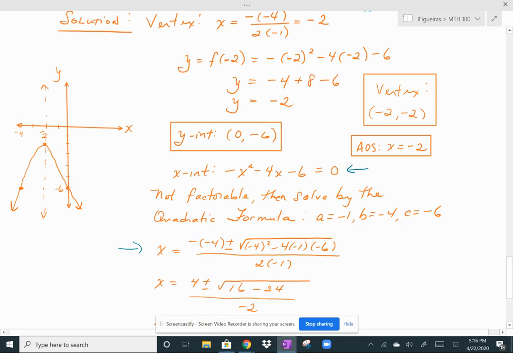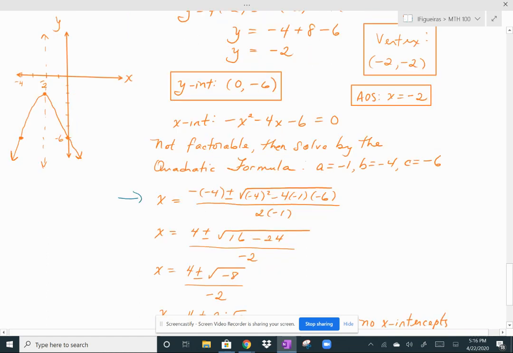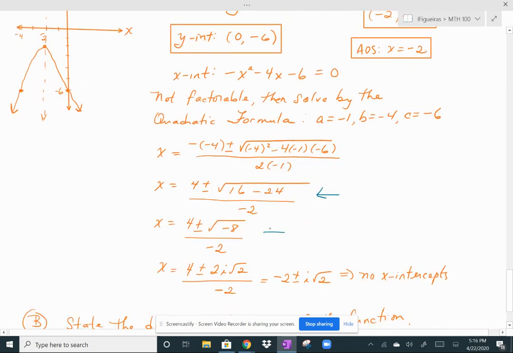So we have negative 4 plus or minus the square root of negative 4 squared minus 4 times negative 1 times negative 6. Okay, so you have to do the computations inside the radical first. So you get 16 minus 24. So we end up with negative 4 plus or minus the square root of negative 8 divided by negative 2.